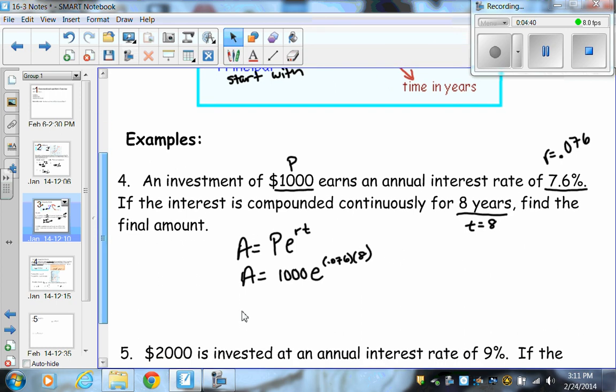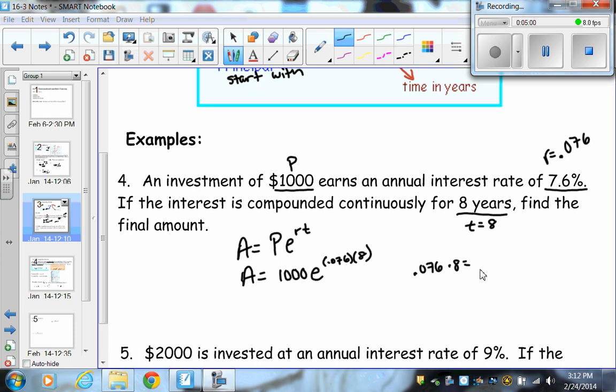So we can type that in our calculator just like this. Now I caution you to make sure that when you're doing your exponent here, some of you may want to go ahead and do 0.076 times 8 and get that answer of 0.608 and then type in your calculator 1000 e to the 0.608 so that you don't accidentally mess up your exponent.